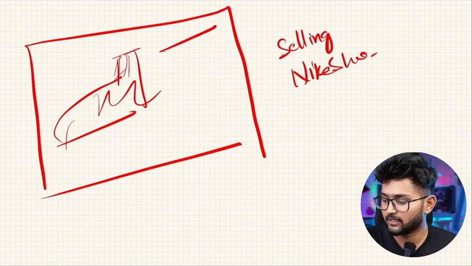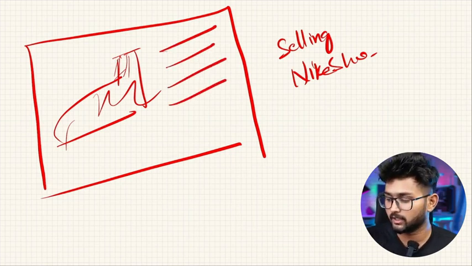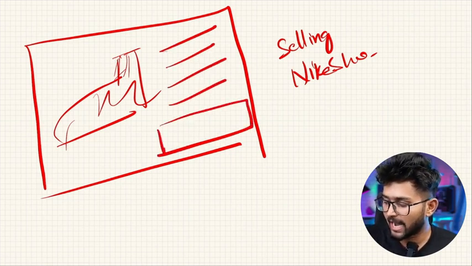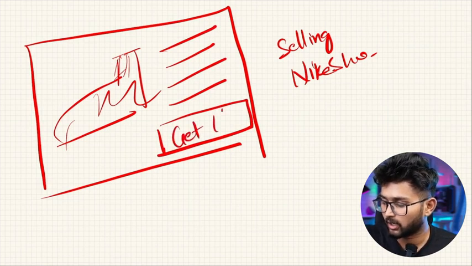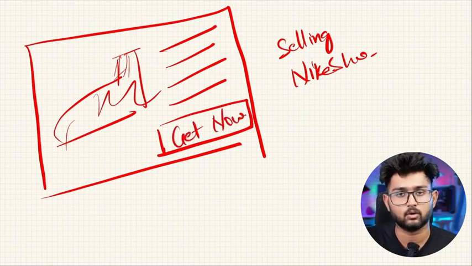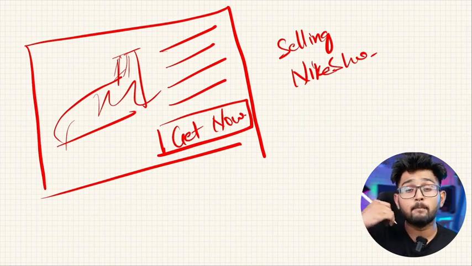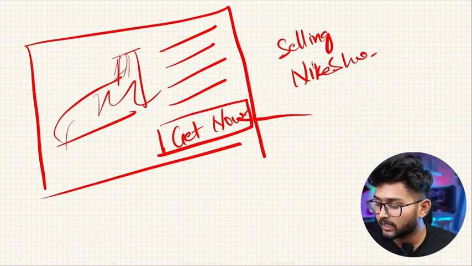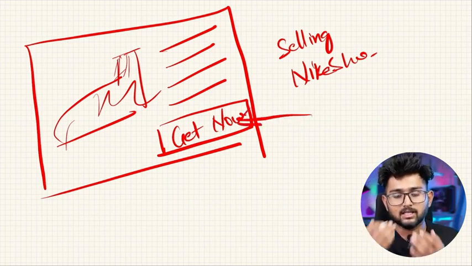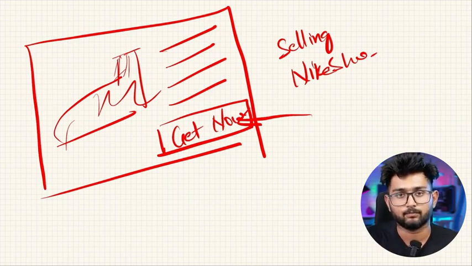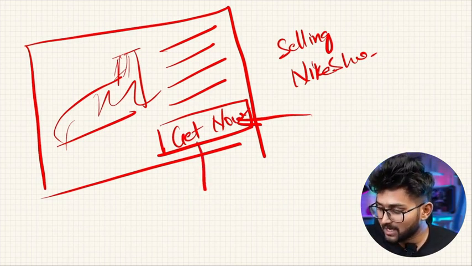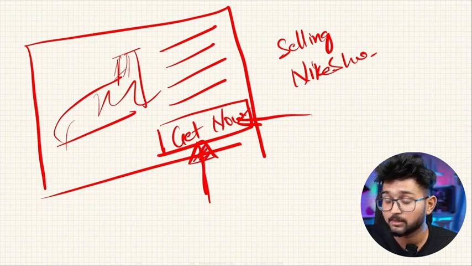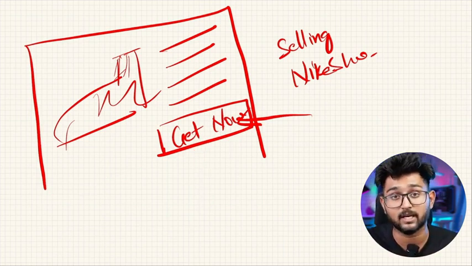You have some main key points about the shoe over here, and over here you are adding get now, or maybe buy now, or something like that. So it would be much better for you to use a warmer color over here, because these colors are active in nature, correct? So people will definitely notice these important things. So whenever you have something very important, try to use warmer colors there.